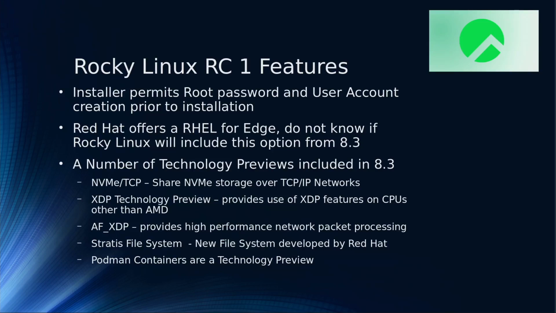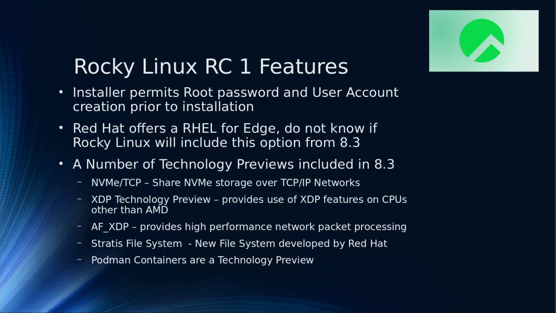XDP technology preview provides the use of XDP features on CPUs other than AMD. The other one is the protocol that goes along with it, which is AF_XDP, which provides the high performance packet processing that that particular element requires. Also Stratis, and I have done videos on the Stratis file system.